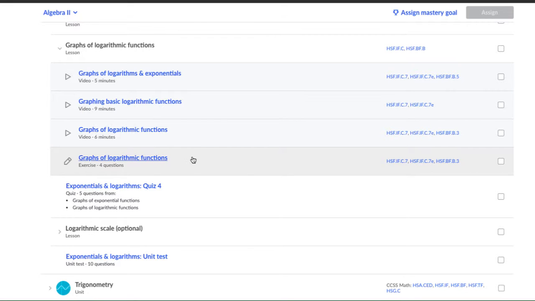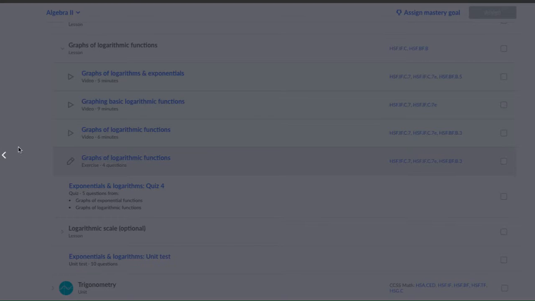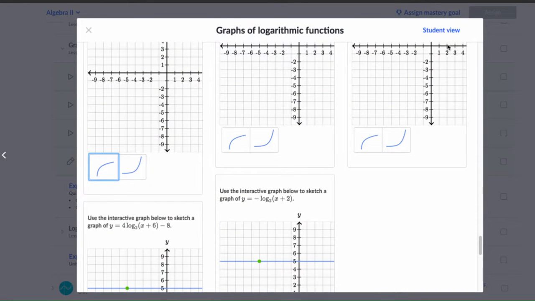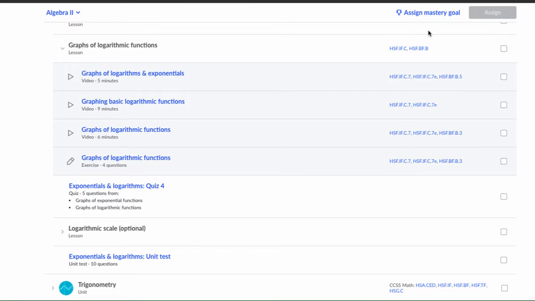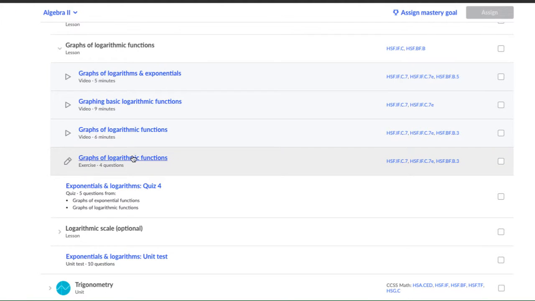If my computer would load, it's frozen, it's thinking. All right, give me a sec, guys. I don't know what's going on with my computer.